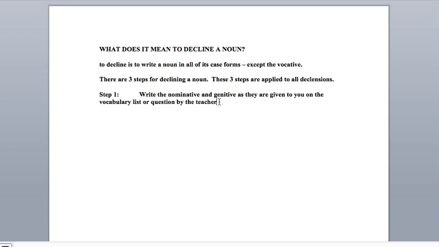Whenever I'm going to ask you to decline a noun, I'm always going to tell you the nominative and genitive form of the noun that I want you to decline. So you'll simply start by writing down the nominative and the genitive form. Step 2 is to get the base of the noun by removing the genitive ending.